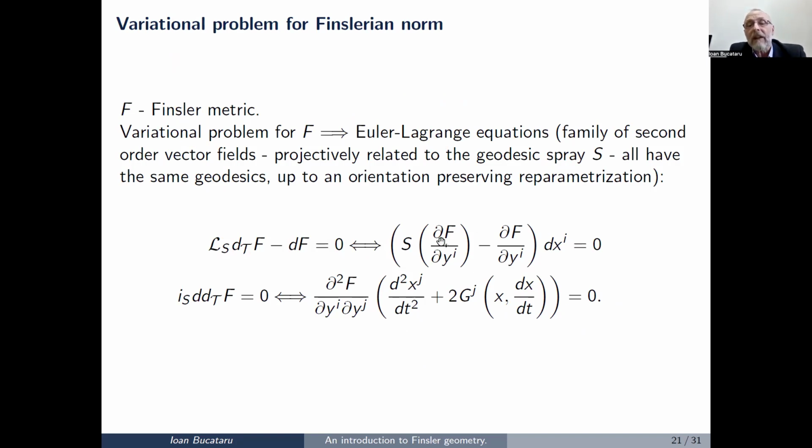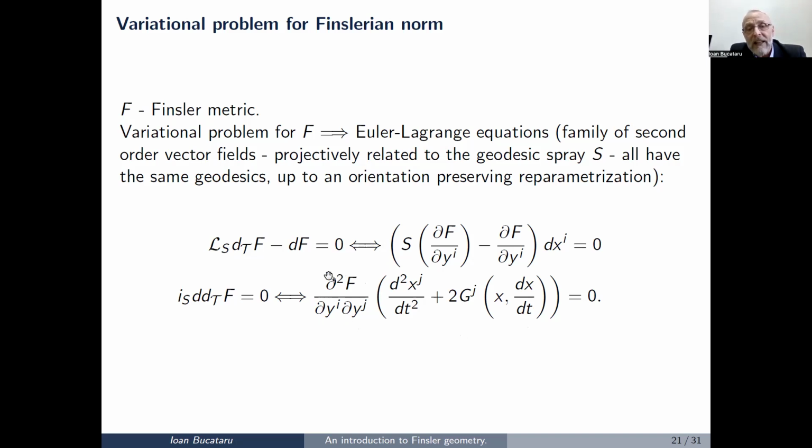However, these Euler-Lagrange equations do not give us uniquely the geodesic spray, one spray or one set of second order differential equations.